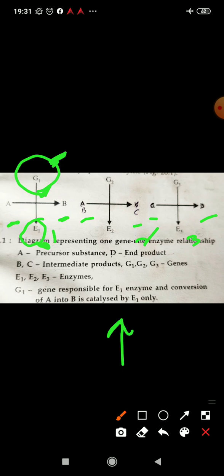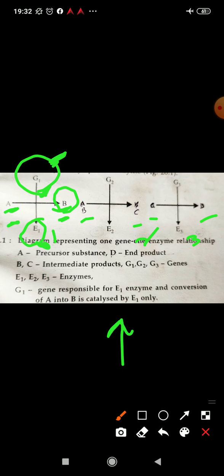And if the E1 enzyme is not there, conversion of substance A into substance B will not occur. So in the first step, substance A will not be converted into substance B.